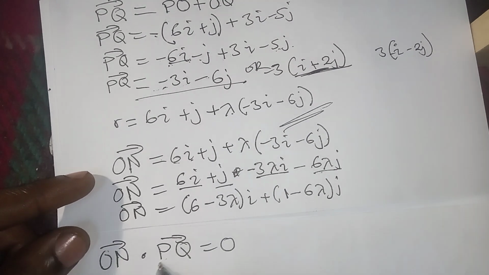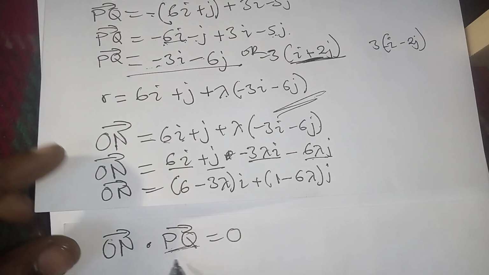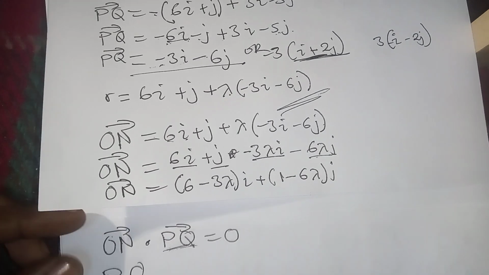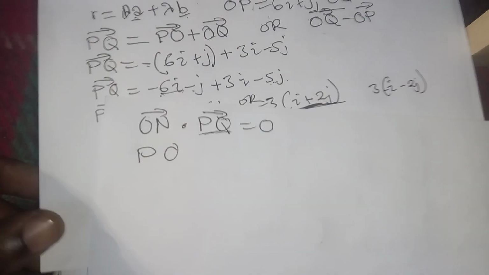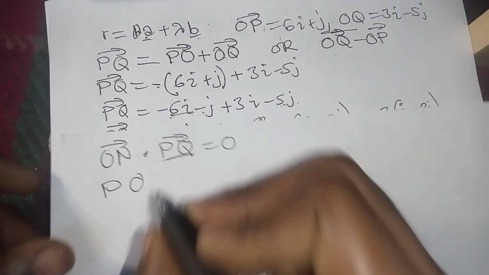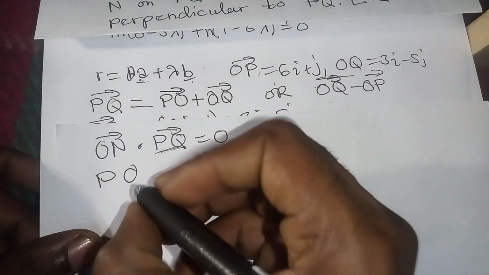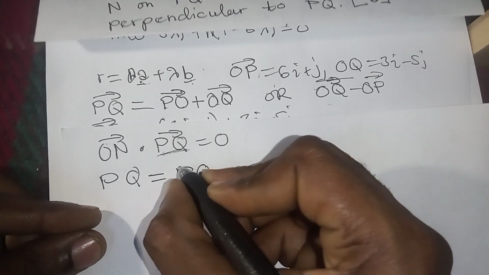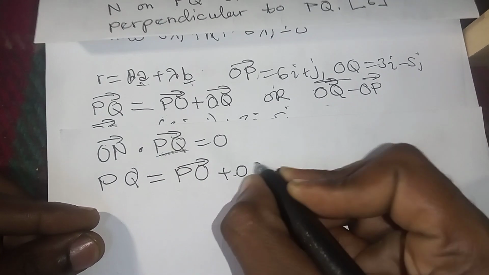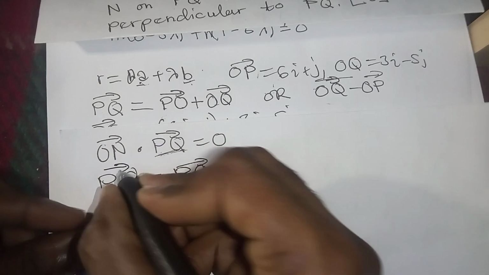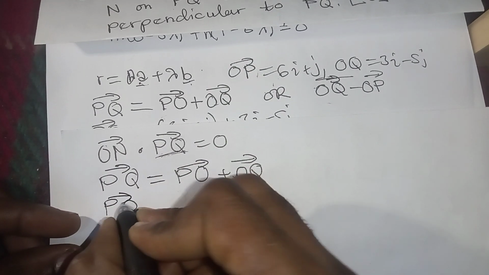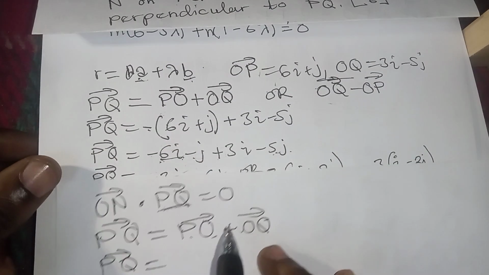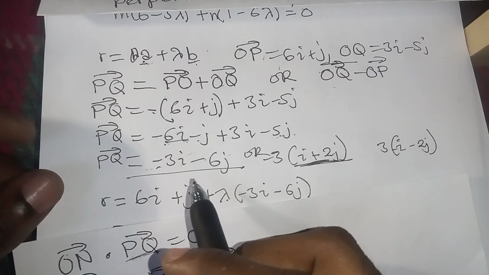And then let's find our PQ and take advantage of this fact. So PQ is PO plus OQ. All these are vectors, by the way. I think we found PQ. Yes, we did.